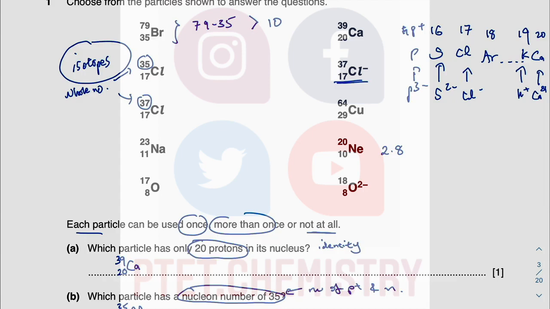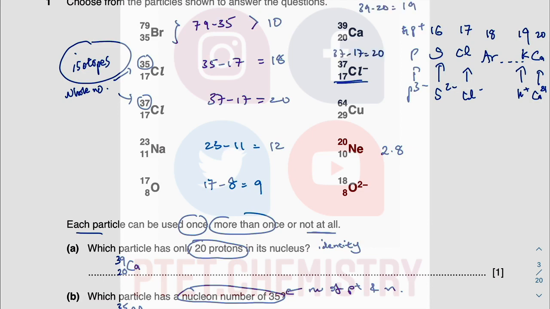Look for something sensible. 35 minus 17 gives you 18. 37 minus 17 gives you 20, which is even bigger. 23 minus 11 gives you 12 neutrons. 17 minus 8 gives you 9. 39 minus 20 gives you 19 neutrons. 37 minus 17 gives you 20 neutrons.